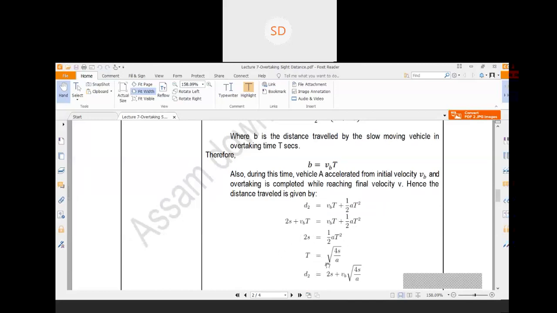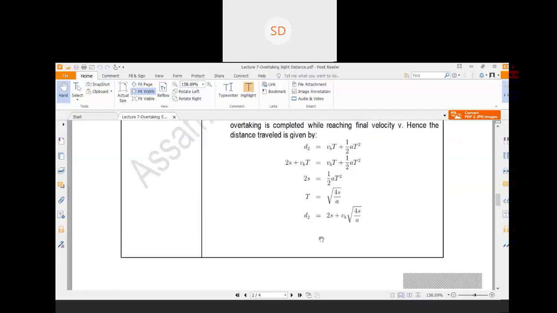T is basically root over 4s by a. So that is the time for the actual overtaking operation. From that you can easily write down your d2 is 2s plus Vb into, in place of T you can just write root over 4s by a.